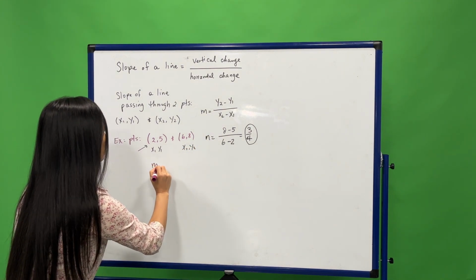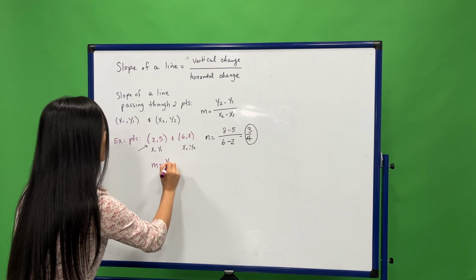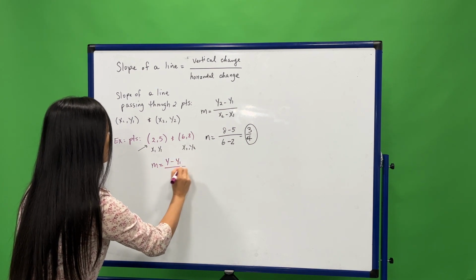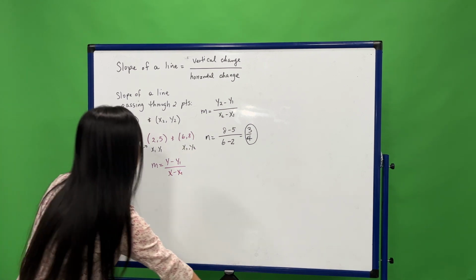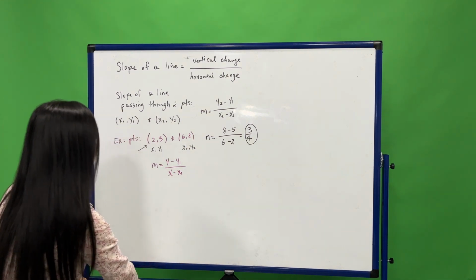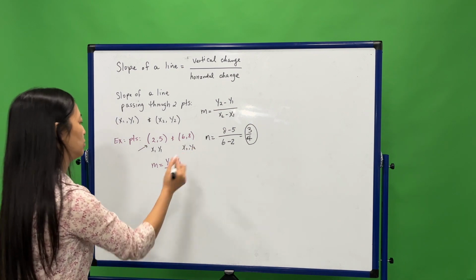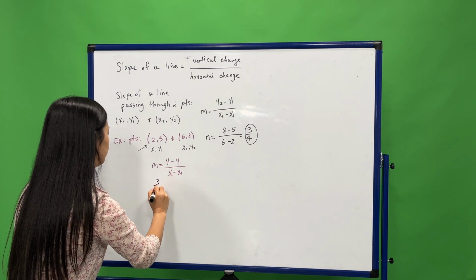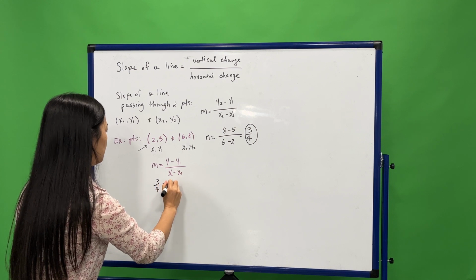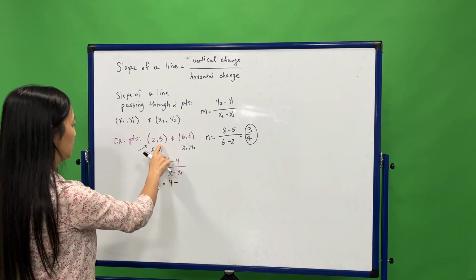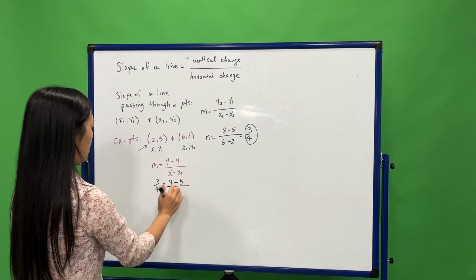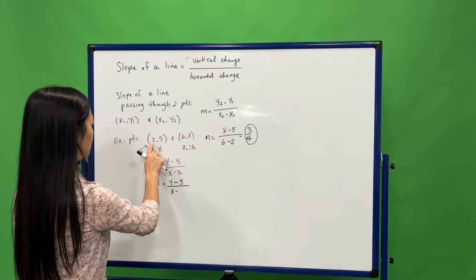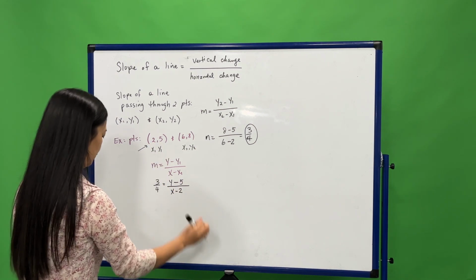So we have m is going to equal y minus y1 over x minus x1. Our slope is 3 over 4. It's equal to y minus y1, which for this point is 5, over x minus x1, that's 2.